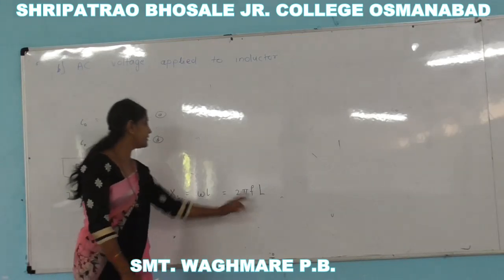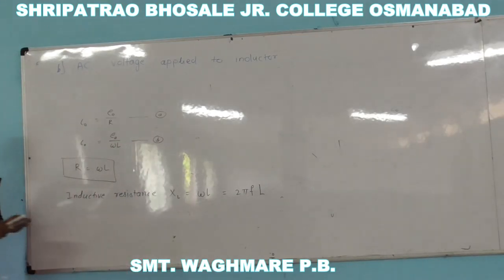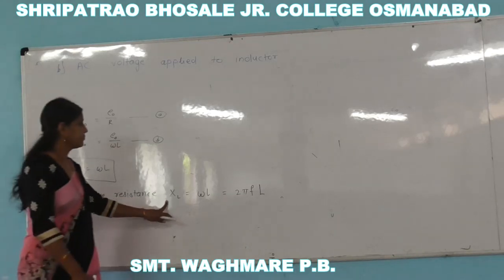XL is equal to omega L is equal to 2 pi f into L, and it is directly proportional to the inductance L and the frequency of the alternating current.